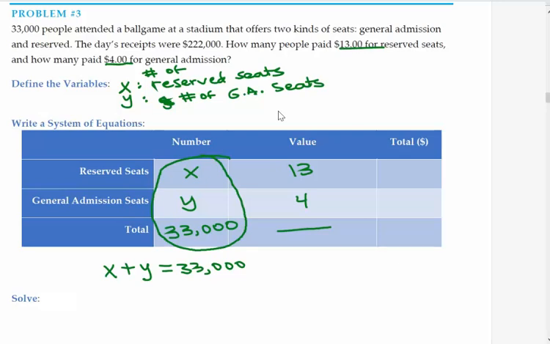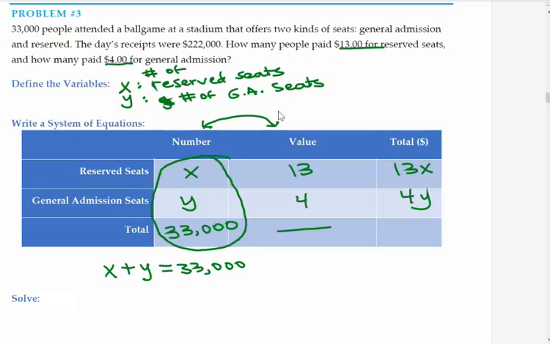But then let's look at this last one here. To find this last column, we're going to multiply these two columns together. So when I do that, I just get 13x, right? 13 times x, and then 4 times y. But then this total number, I've got to get from the story problem, the total sales.